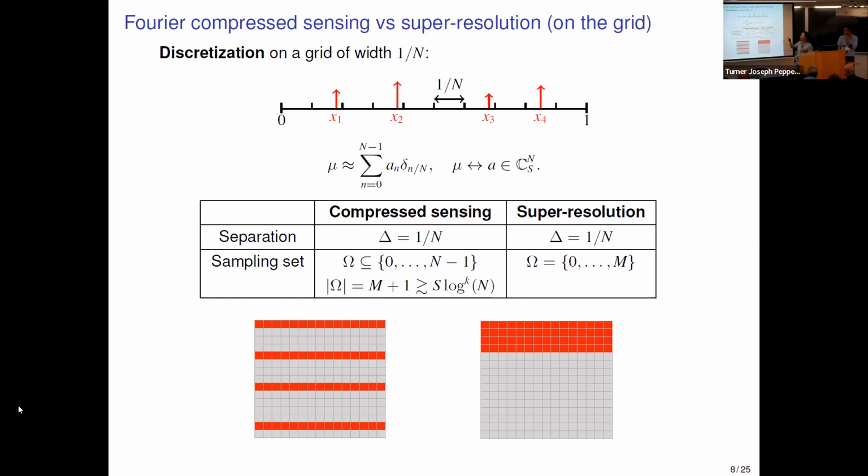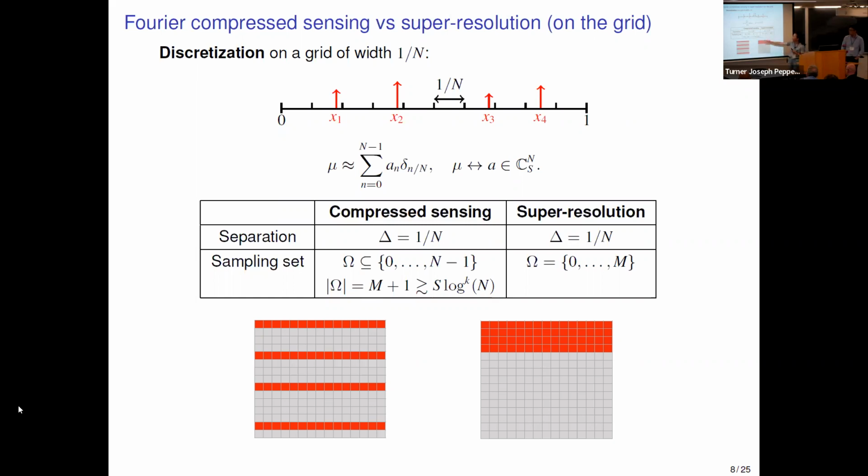After discretization, the measure mu can be represented by a vector a of the same length as the number of grid points, with sparsity s, where s is the number of point sources. The support of the vector a is associated with the point source locations.